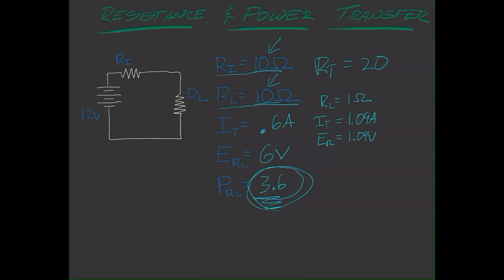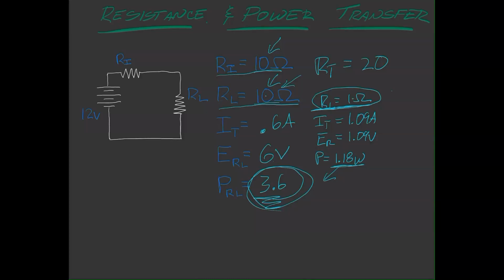So let's take 1.09 volts times 1.09 amps, and we get a power of 1.18 watts. So we've decreased our load resistor extremely, and my power has gone down quite a bit. That's the counterintuitive part. I decrease the load from 10 ohms to 1 ohm, and my power drops by a factor of 3.